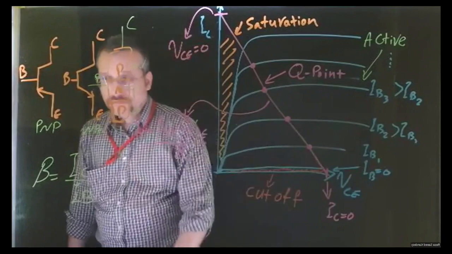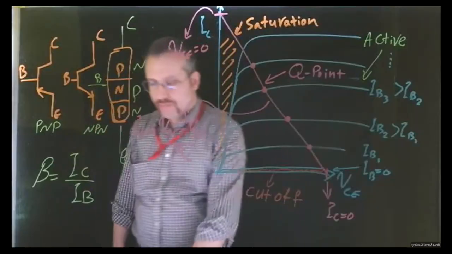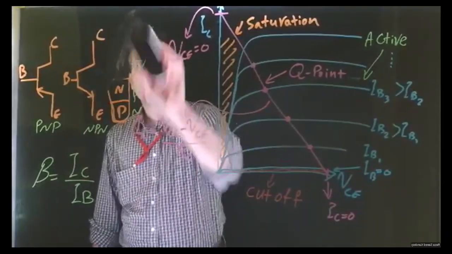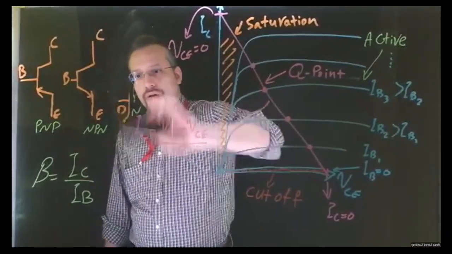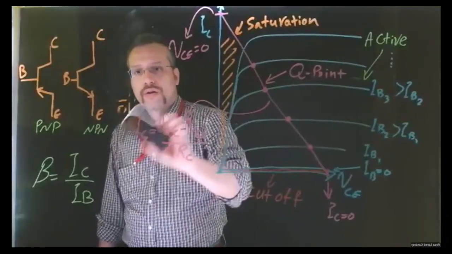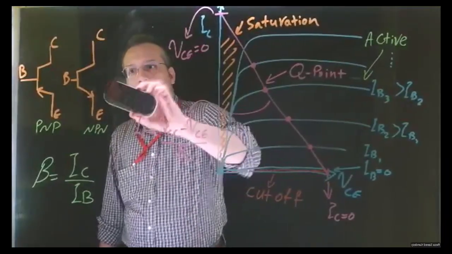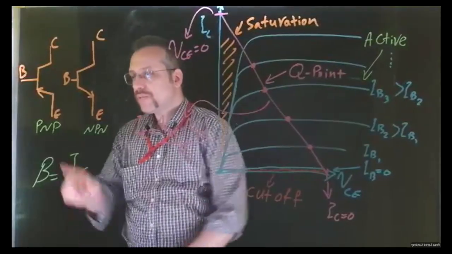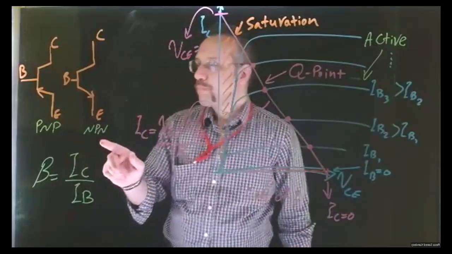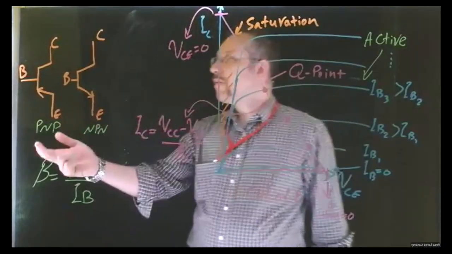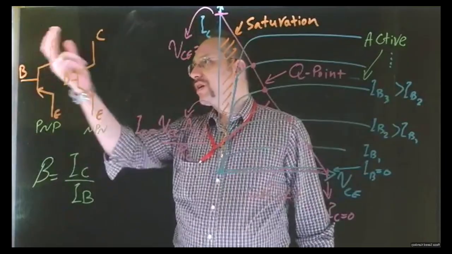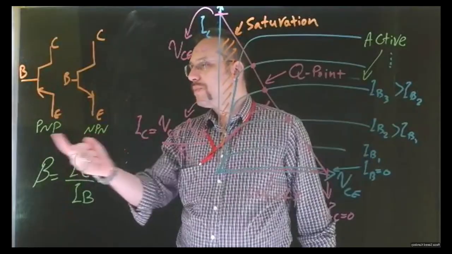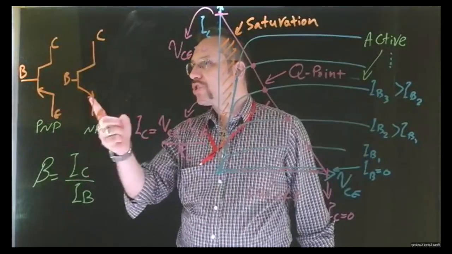Now, we have two symbols. Let me clear this part. It's a little bit messy. We have two types of the BJT, as we said, PNP and NPN. Now, the symbol for a BJT in an electrical schematic is, as you can see, the difference between the symbol of PNP and NPN is the direction of the current.